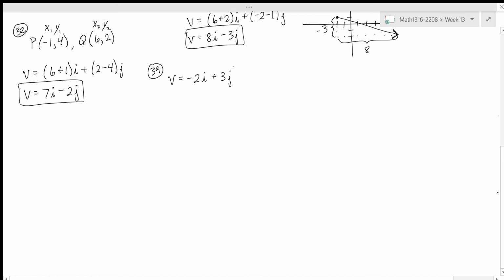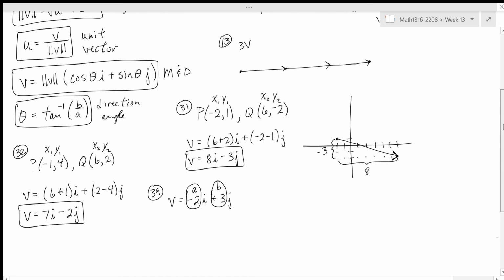And the instructions say, find the magnitude of the vector. So what is the value of a? Good, -2. What is the value of b? And y'all do see where I get that, right?